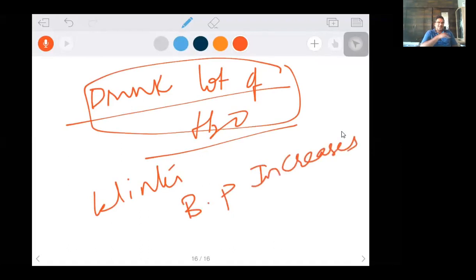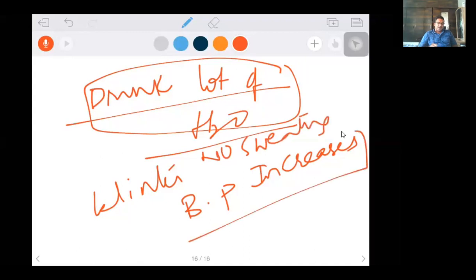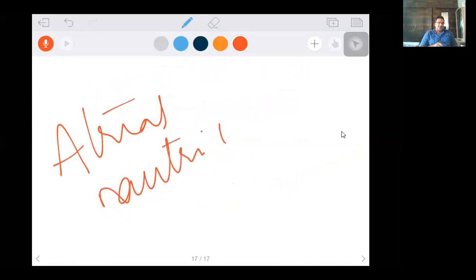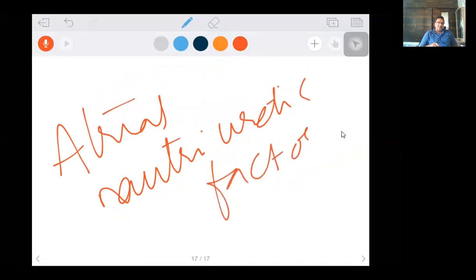This is the contrast to the RAAS mechanism we were talking about. When blood pressure increases, when you drink a lot of water in winter, there's no sweating, no water loss from outside. So how can this problem be solved? Blood pressure increase. For that, we use the atrial natriuretic factor, which is released from the right atrium of the heart.